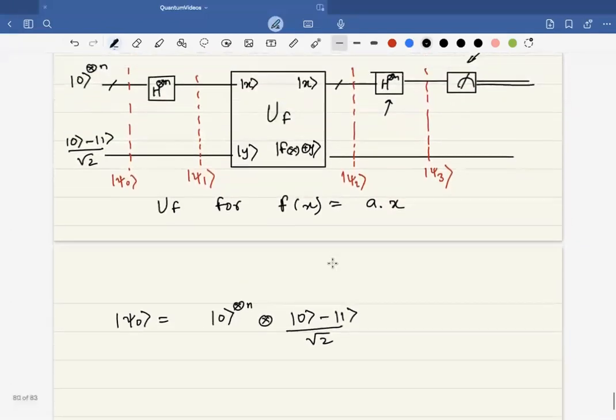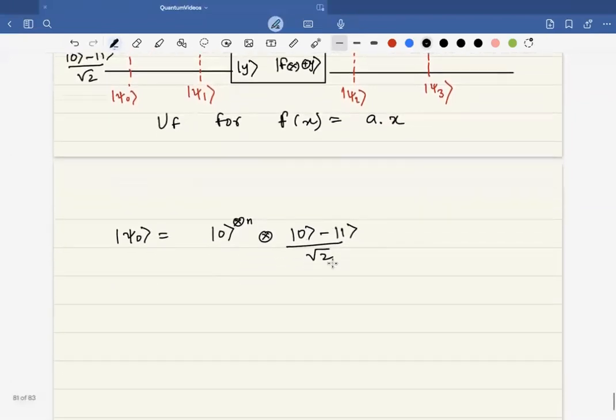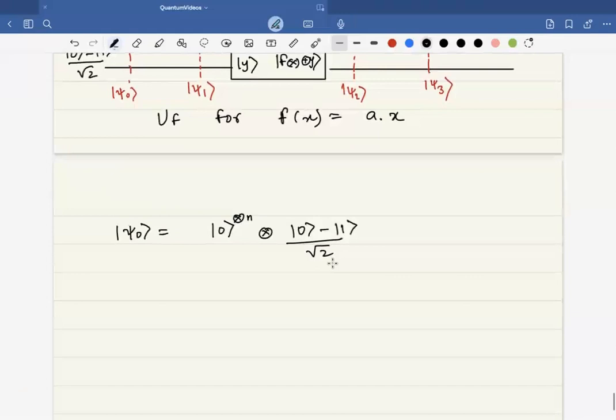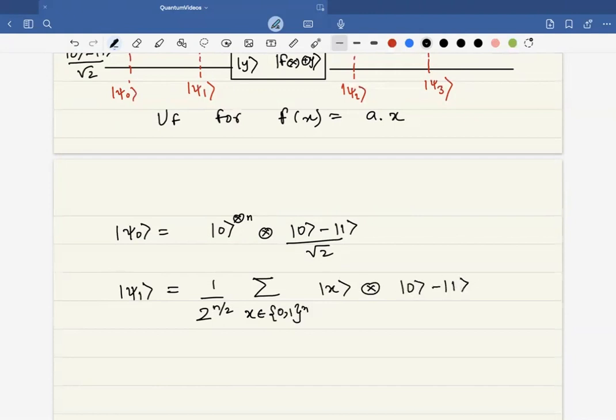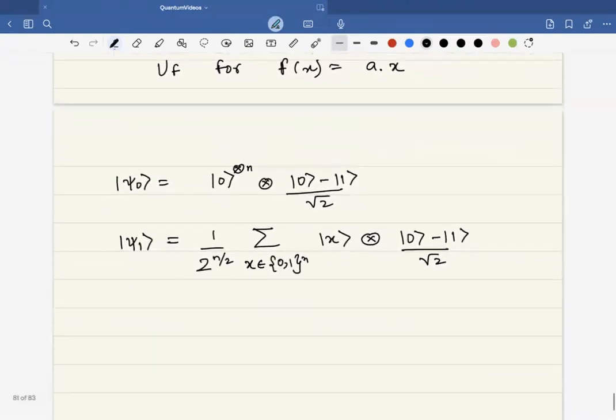Then we have this Hadamard gate that gets applied on the first set of qubits, so psi 1 is equal to 1 over 2 to the n over 2, summation over x in {0,1}^n of |x> tensor (|0> minus |1>) over square root of 2. And then you have this query function U of f that gets applied.